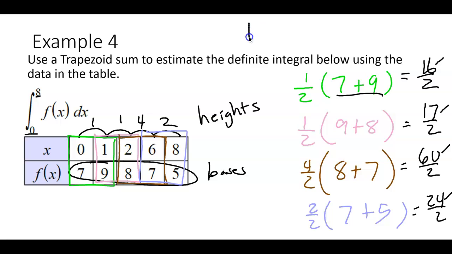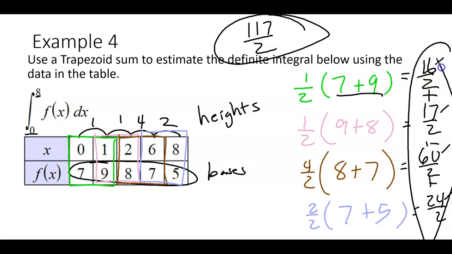So we have 117 over 2. And I'm just going to leave it like that. Or if you want to make it 58.5, you can. Or you could just do this, honestly, unless it's a multiple choice test. Just put a plus in between all of them.